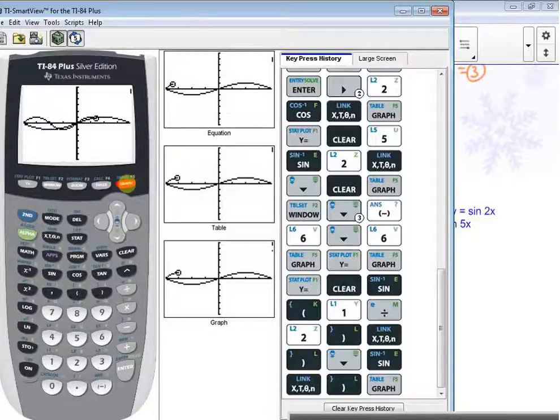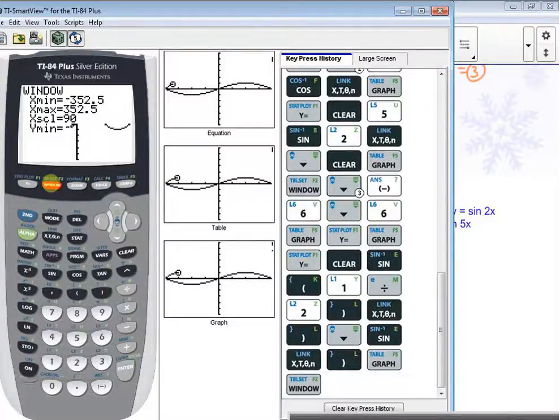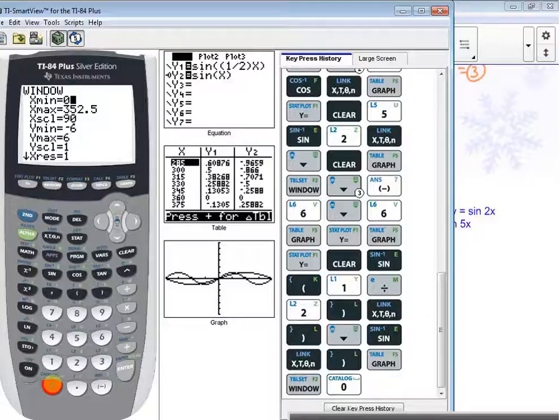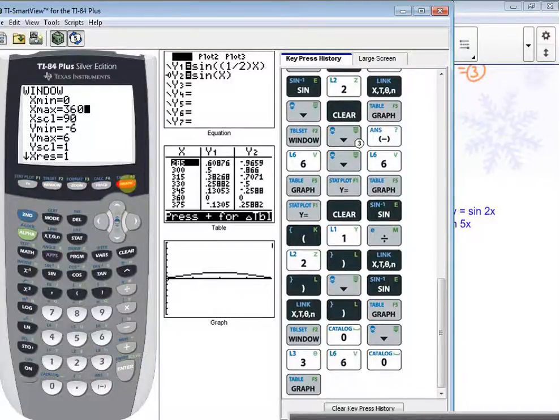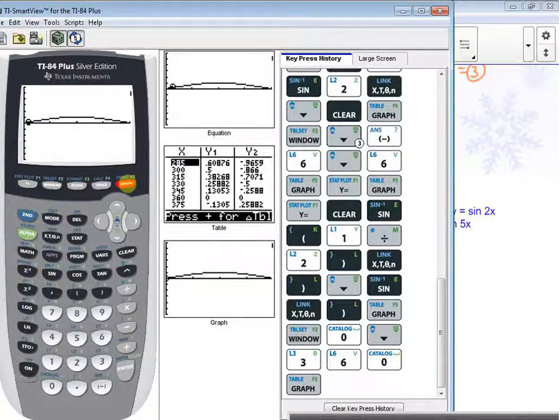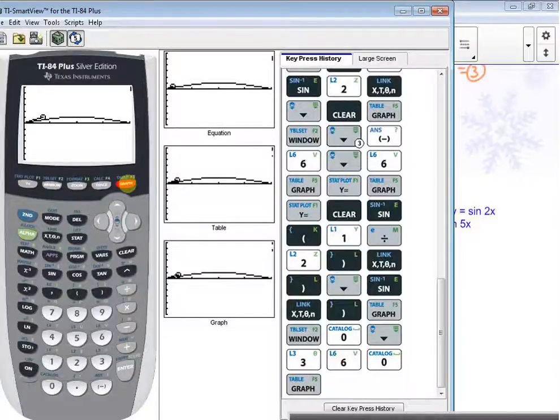So the original sine curve has a little bit more wave to it. Our half one is really only drawing half a graph if you look from 0 to 360. If we take and change the window to go from 0 to 360, there's our sine half x, and here's our y equals sine x.